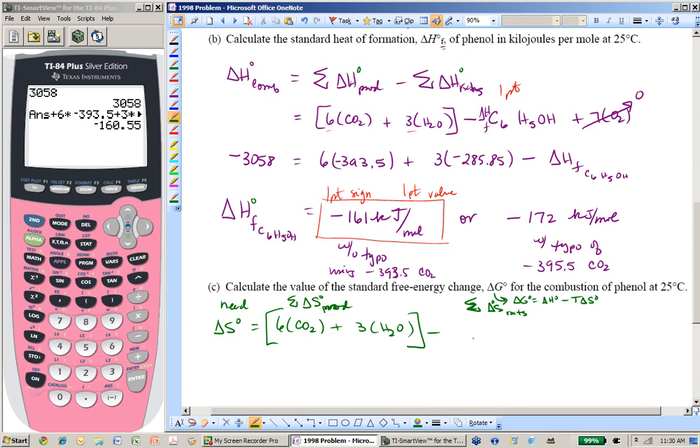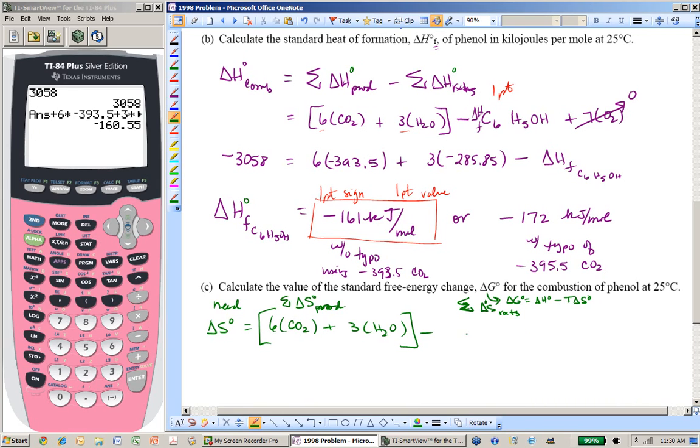And we are at standard conditions, so we need the noughts. All right. I don't get to neglect anything for this one. This is the C6H5OH, plus 7 times O2. Where'd I get the 7? Balanced equation, top of the page.